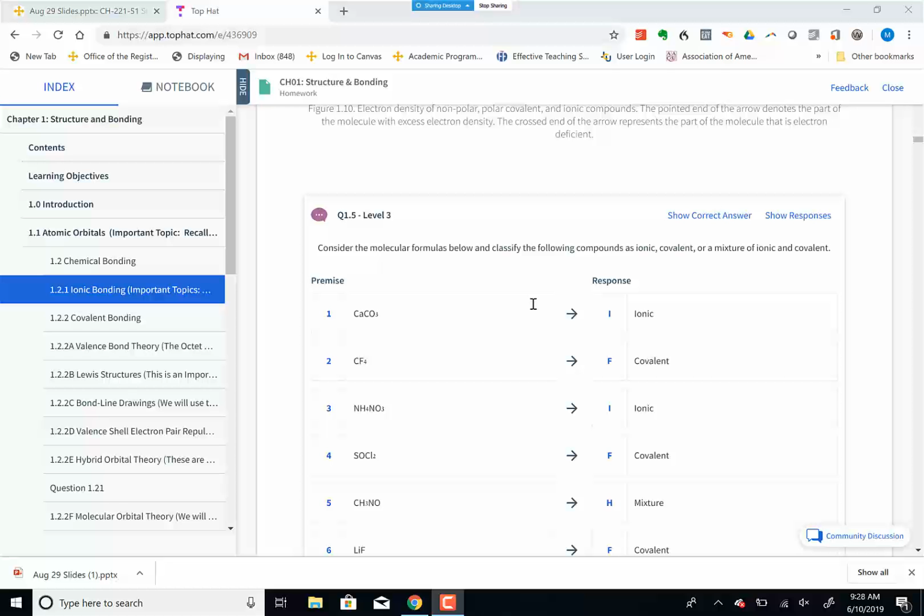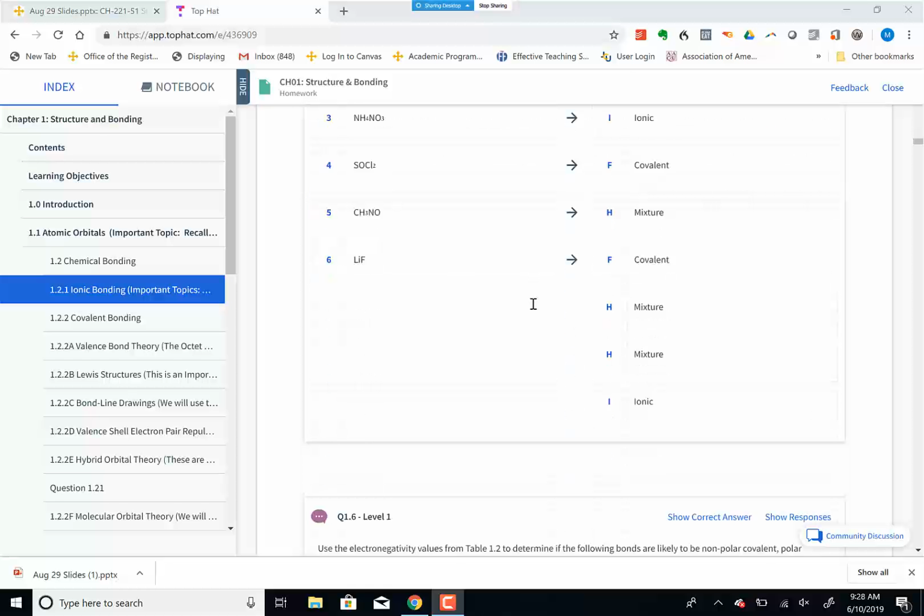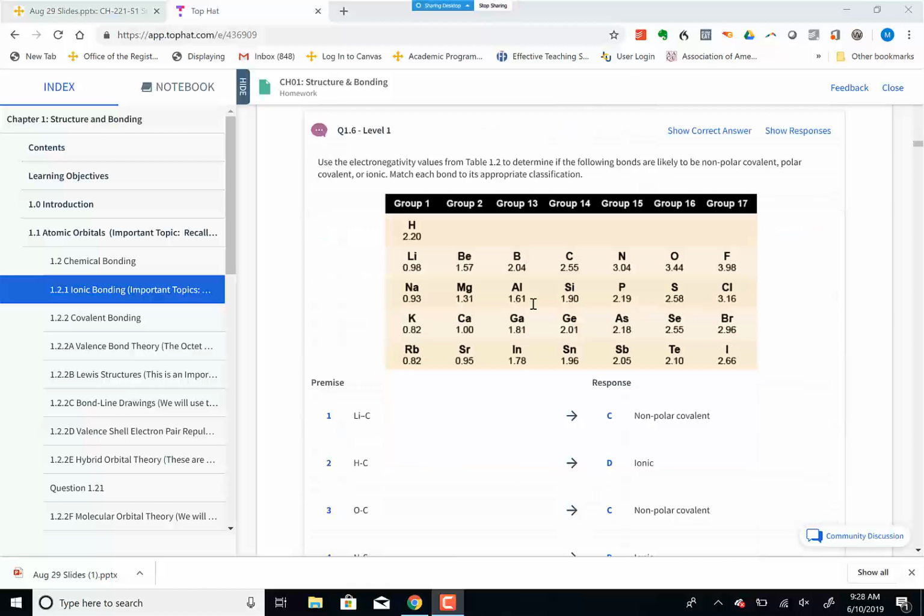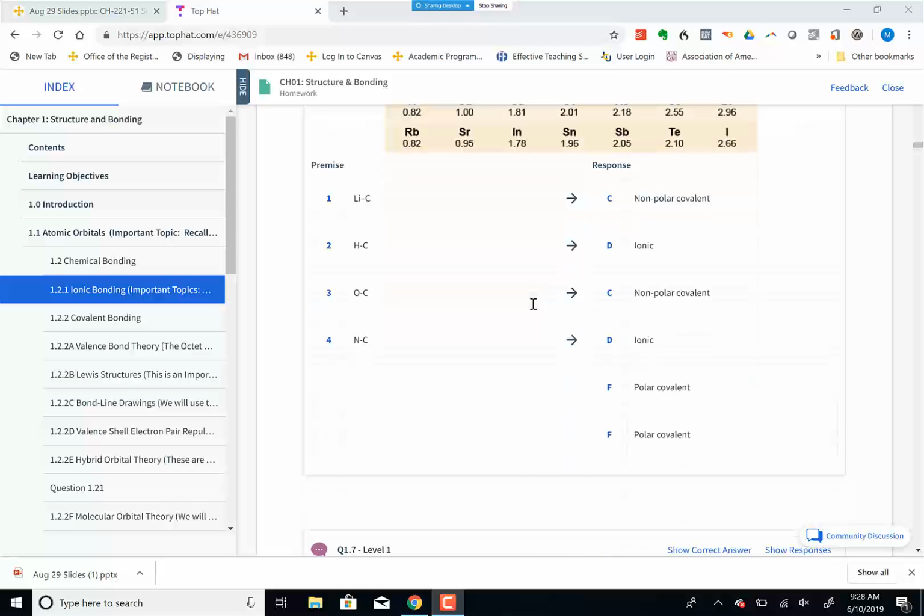And say, hey, I didn't get that question. I also do have some multiple choice questions on Canvas that we may do in class. The idea is if you're going to do something before class, I want you to do a problem, whether it's an online Canvas problem or, in this case, the Top Hat problems are what I'm going to want you to do.